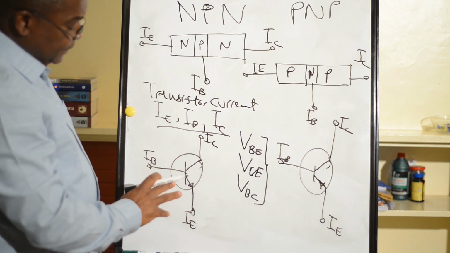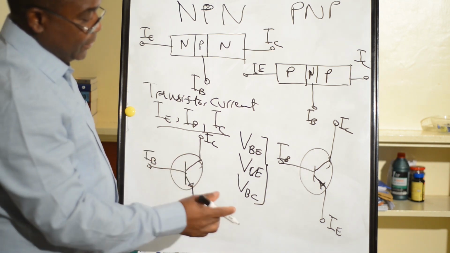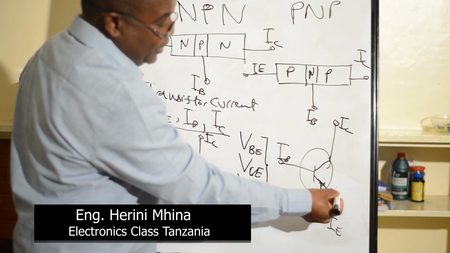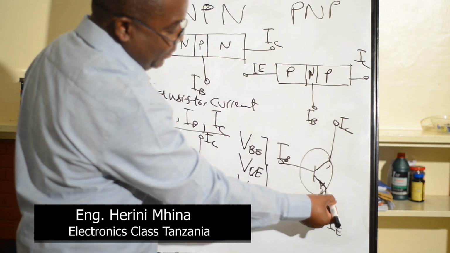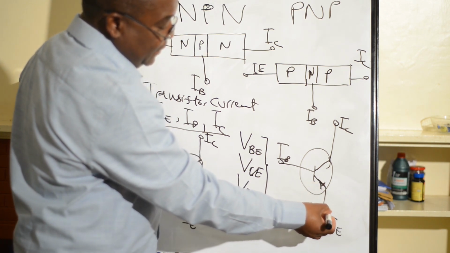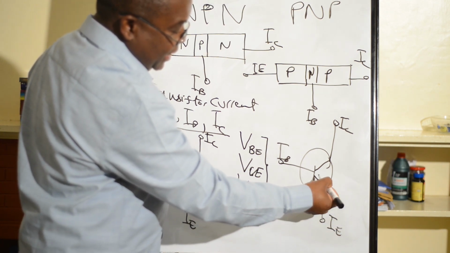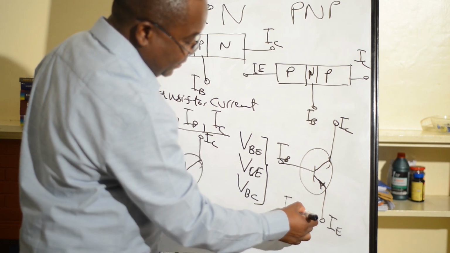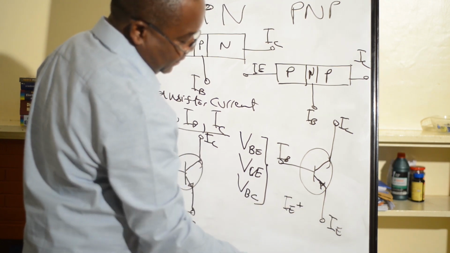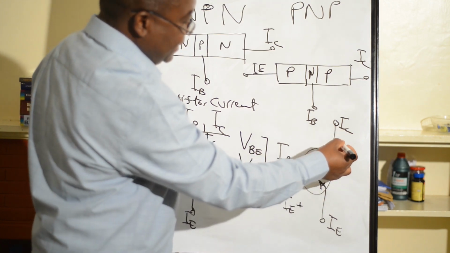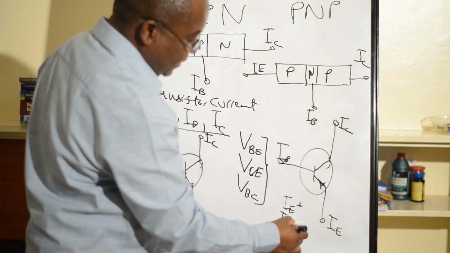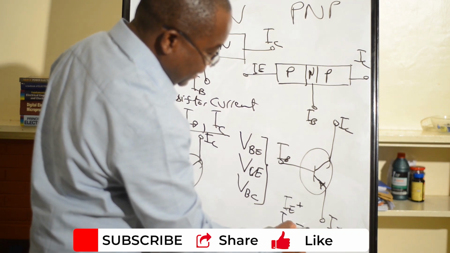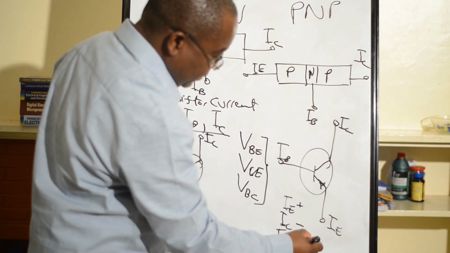In a transistor, when the arrow points toward the transistor, the conventional current is positive. So here, IE is positive, but IC will be negative and IB will be negative.